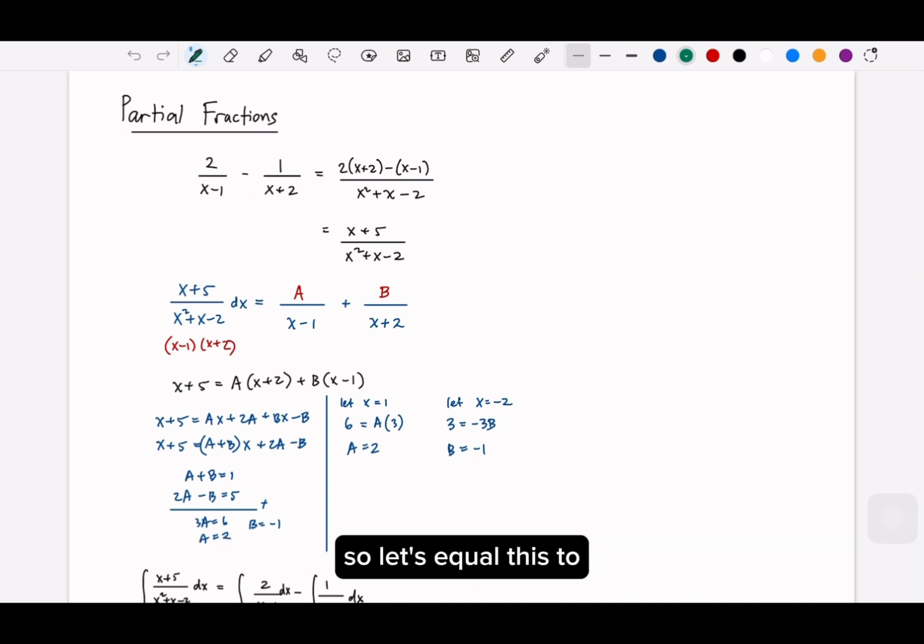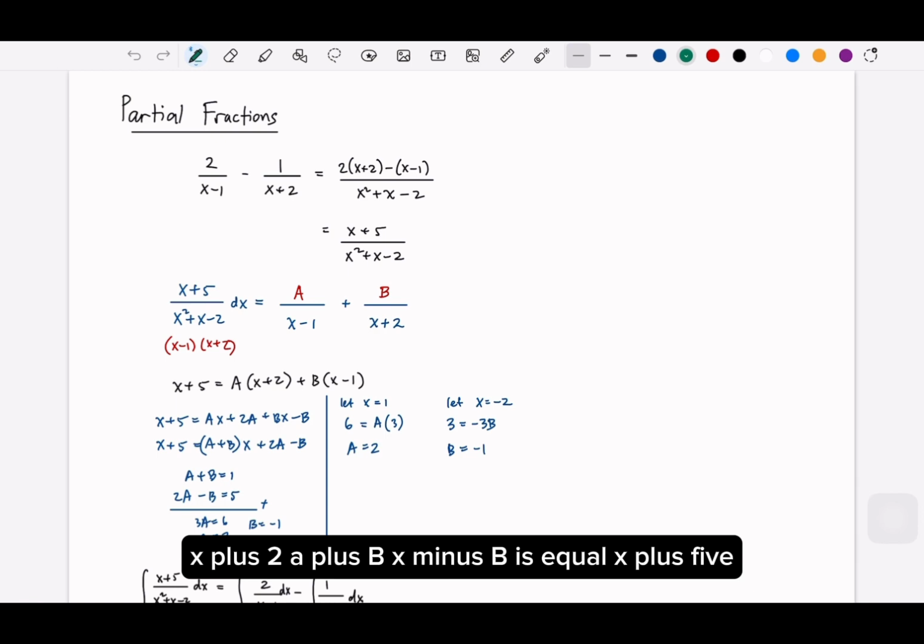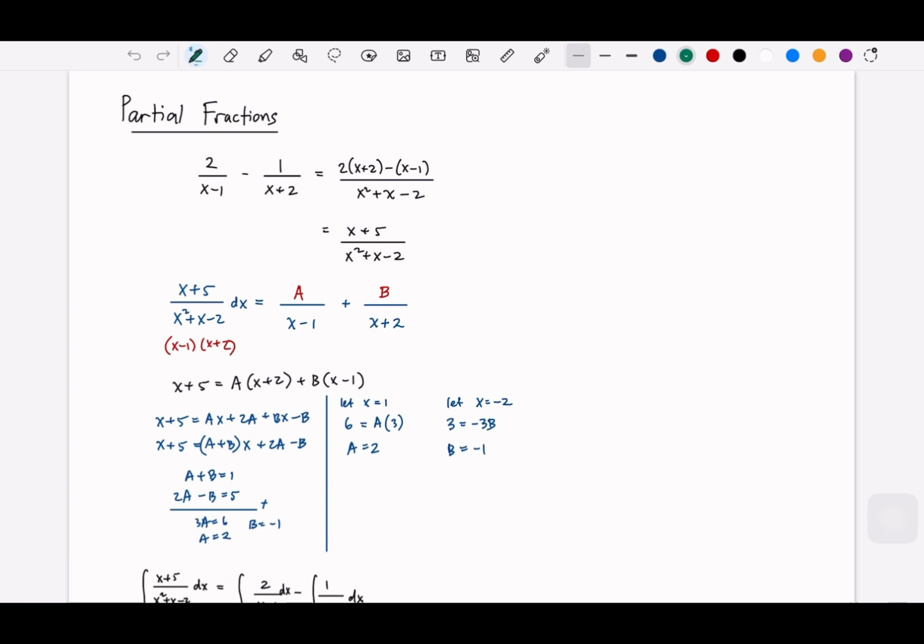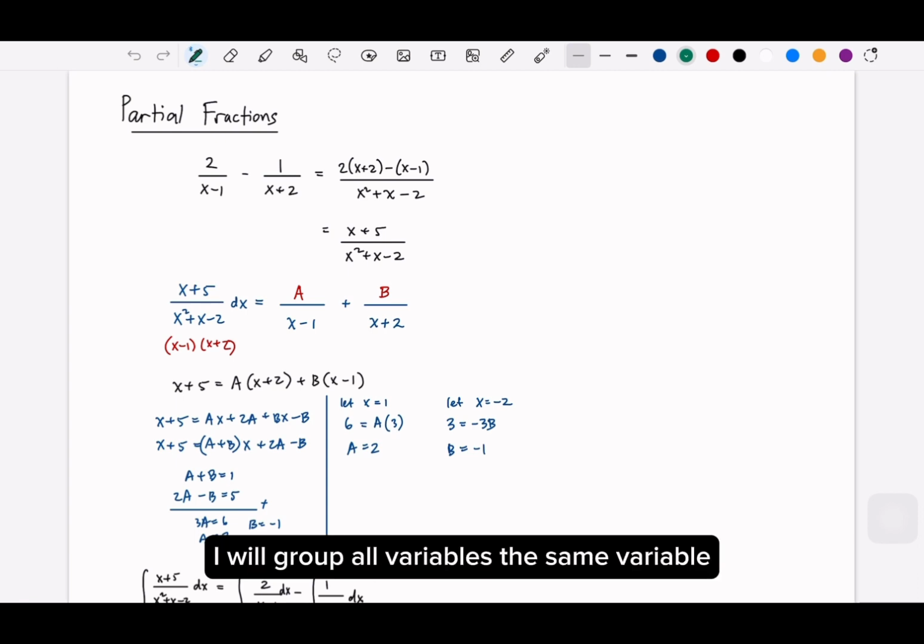So let me just combine everything. ax plus 2a plus bx minus b is equal to x plus 5. So I will group all the same variables: a plus b is x, plus 2a minus b.